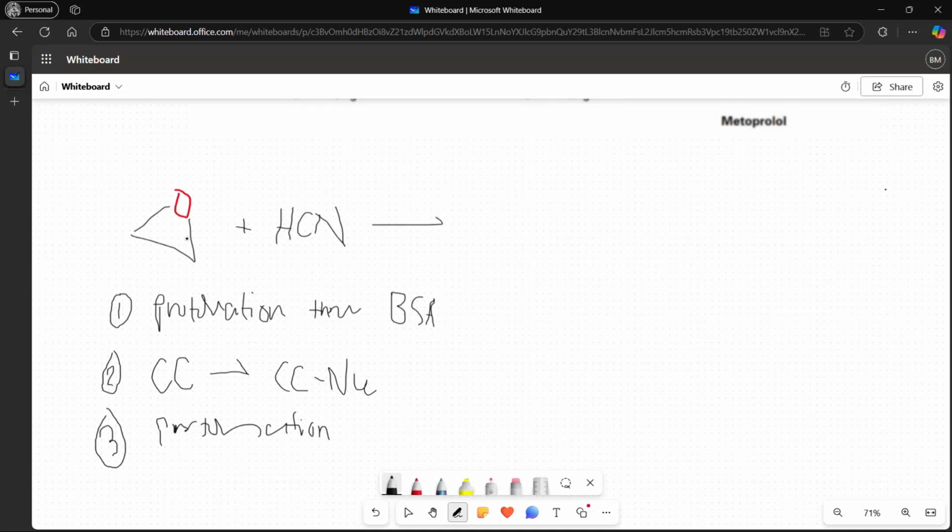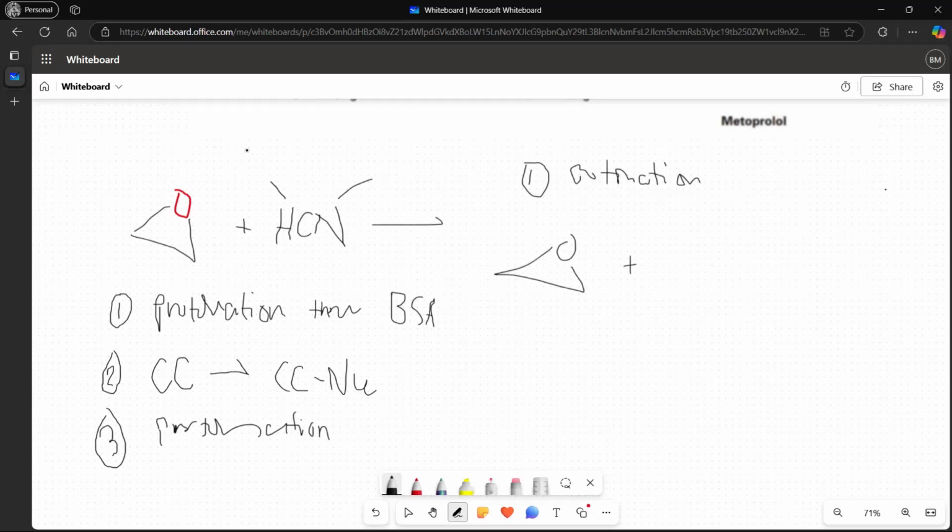Okay, for this case over here, let's try to draw step one, protonation. So you have your ring here. Usually, because this happens in solution, it's already given that your reagent is going to dissociate into its constituent ions.